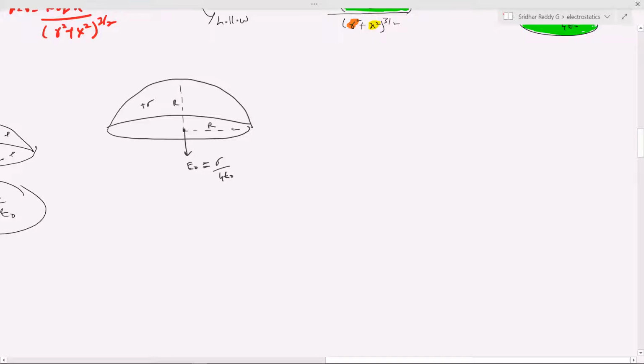Just now we derived the formula. Now I'll cut this. What will be the field strength due to half of it? I'll try my level best to show half of the hemisphere. What is the field strength exactly at the center of this one?